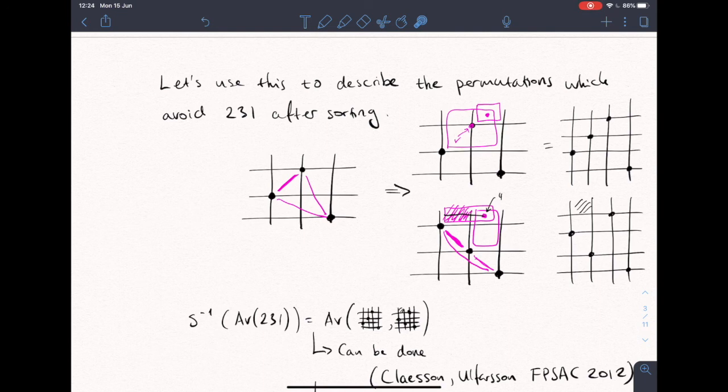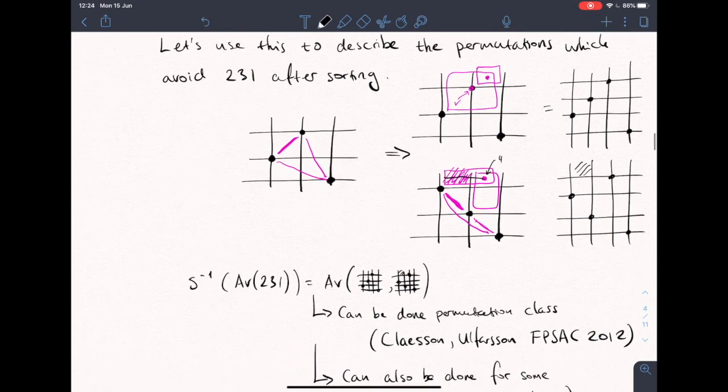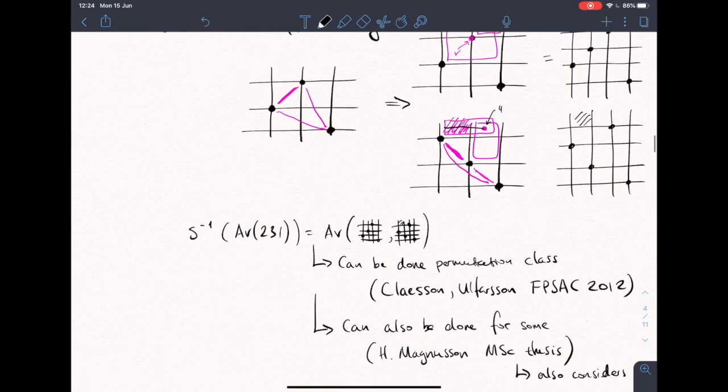This can actually be done for any permutation class, as I showed with Anders Claassen. And the same description can also be generalized for some avoiders of mesh patterns.